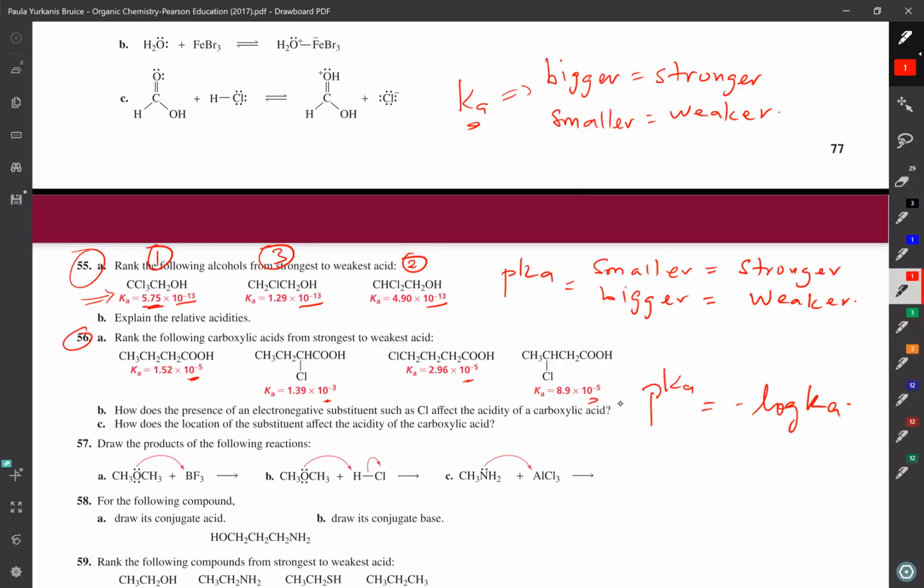Let me see if I have my calculator next to me so I can do that. Okay, I have it here. Let me do it. I hope I'll be able to use this.